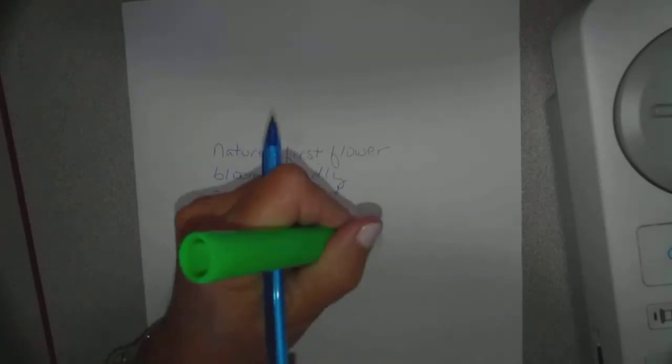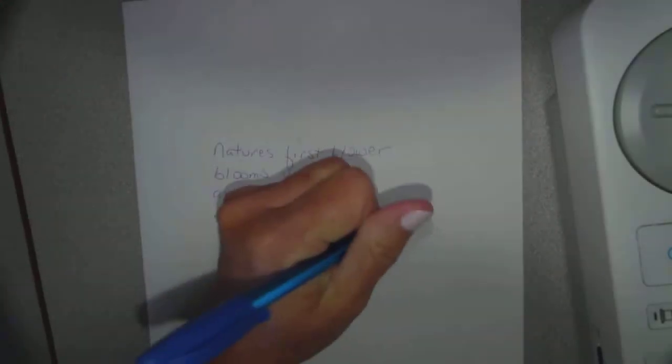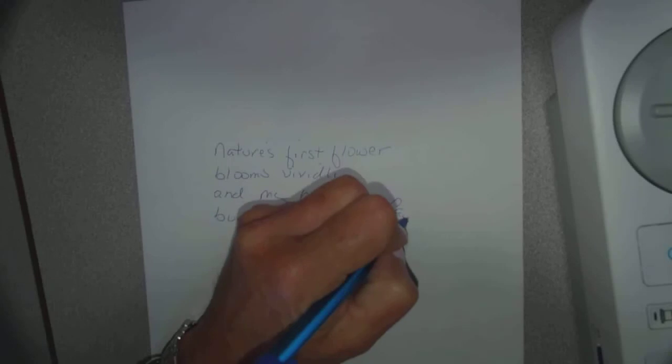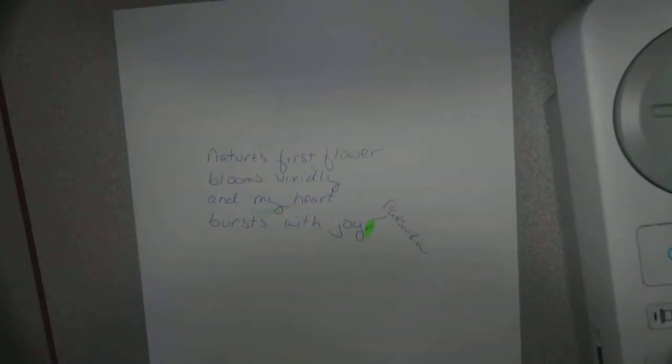Okay, what do we have here? Where's our caesura first? At the end, right here. That's our caesura, and so we would annotate this like this. Okay, that's our caesura.